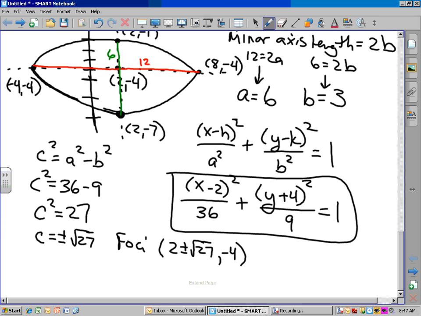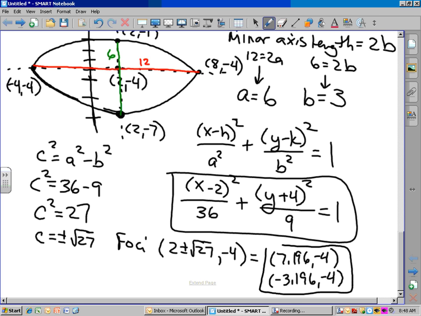Do you follow me on that? Now, let's go ahead and put that into a decimal so we know exactly what that would be, where we would plot those points. Okay, I already have them up there. So, we're going to get, out of this, 2 points. 7.196, negative 4 and negative 3.196, negative 4.